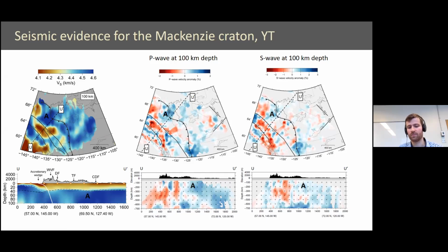But again, we have some vertical smearing, so it's very difficult to characterize the vertical extent of this anomaly. So usually you just look at lateral resolution here, because you know that there's going to be smearing in the vertical direction. If you look at the surface wave model, what we see again is this very high velocity region, about 4.5 kilometers per second and higher.